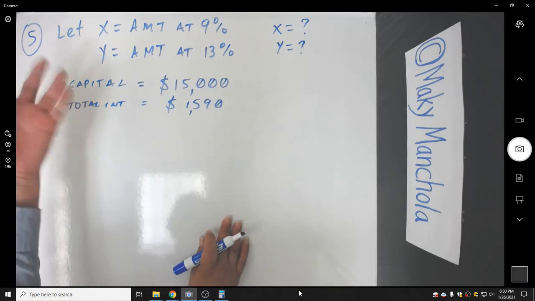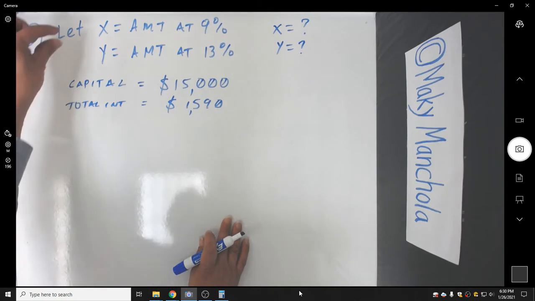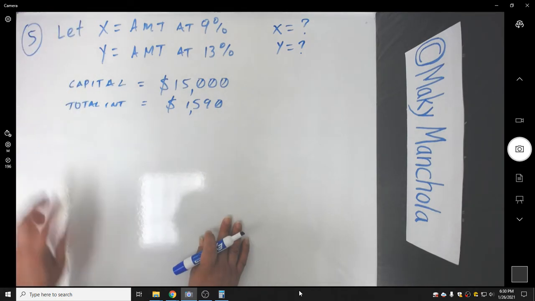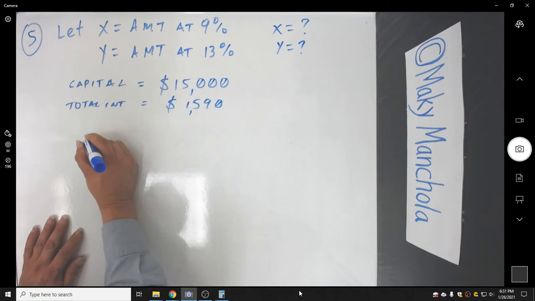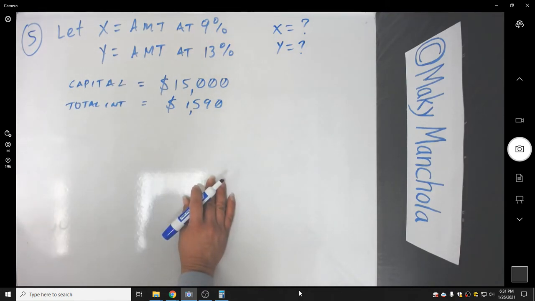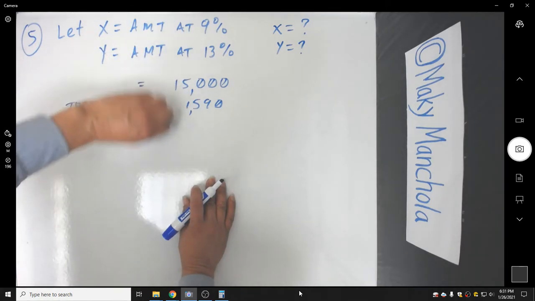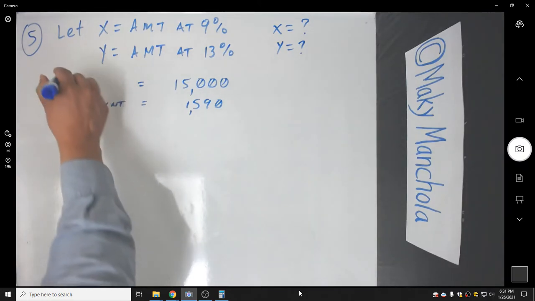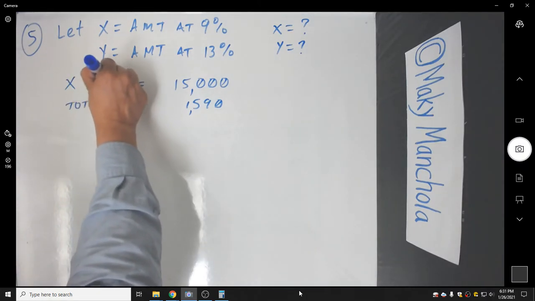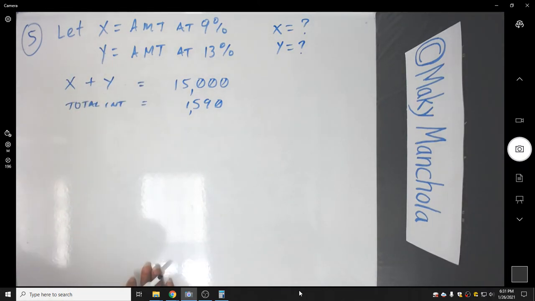Okay, so let's put X and Y into this information right here. The capital is the total amount you started with, which in this case is x plus y. So you have that x plus y equals 15,000.